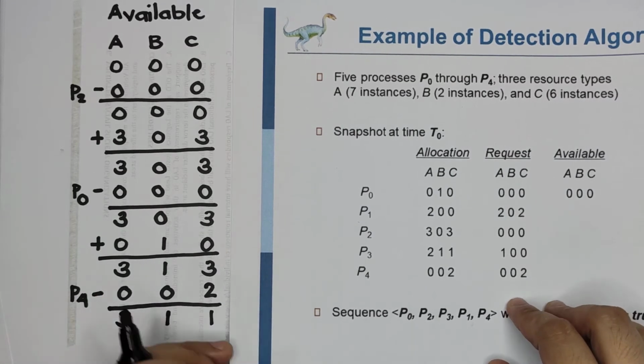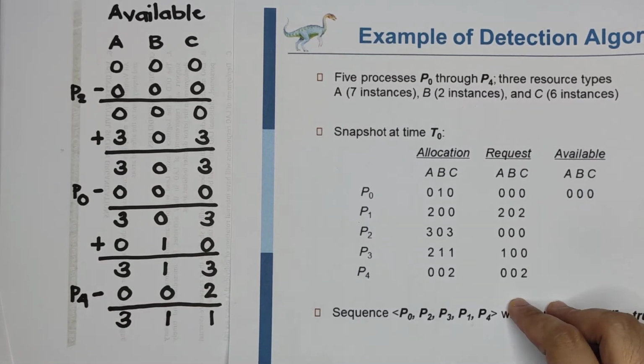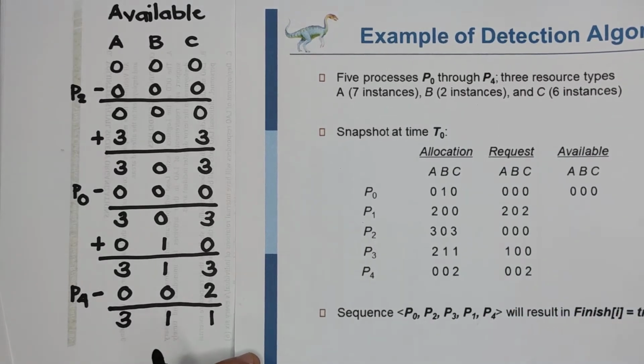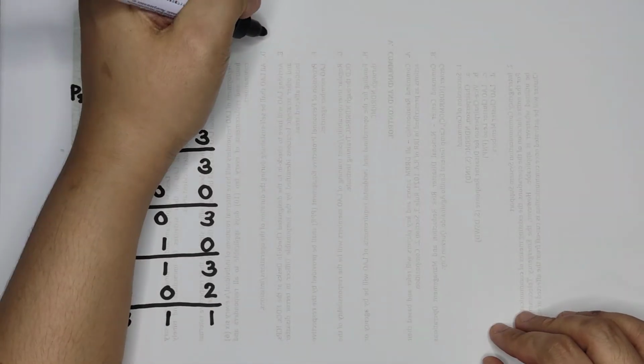And then next we want to return all the allocated resource values of P sub 4 after it has finished execution. So again, let me write this down.